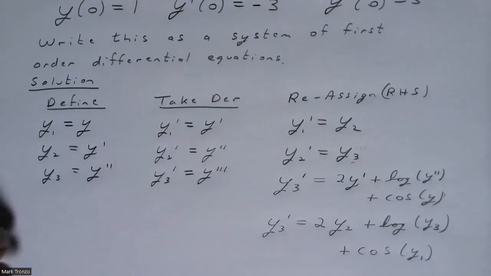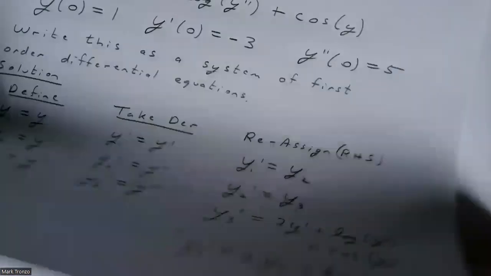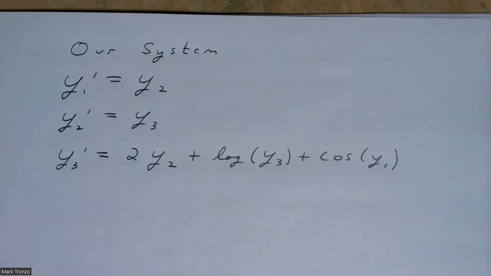So now let's actually summarize this and write it out real nicely and see what we have. And so if we write it real neatly, here's our system of equations.